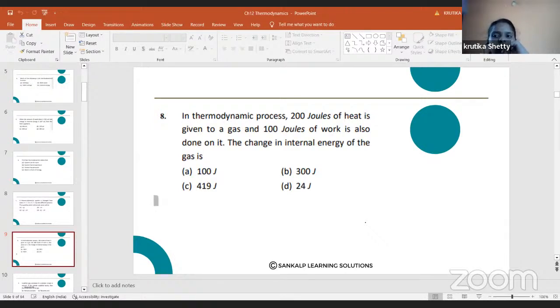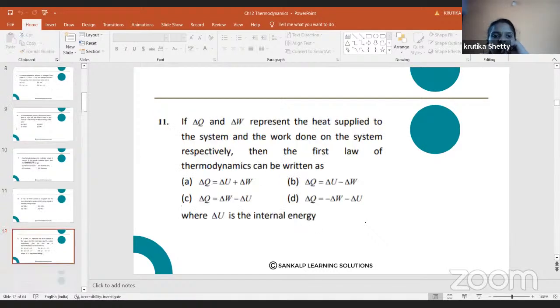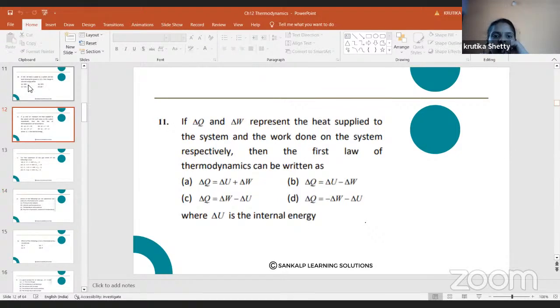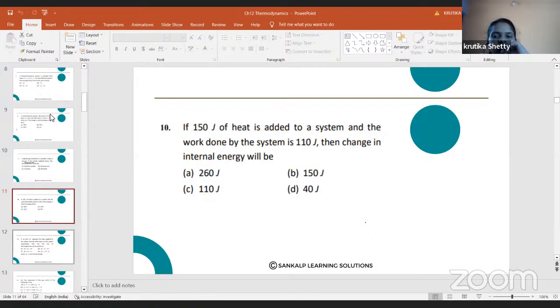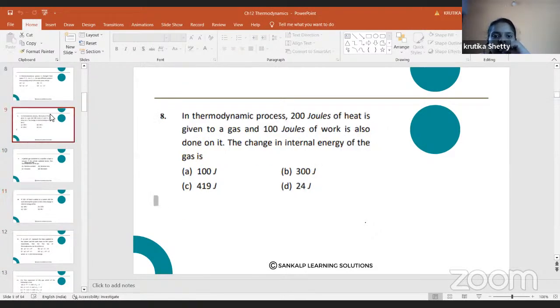Q and W value is given. 300 it will come.